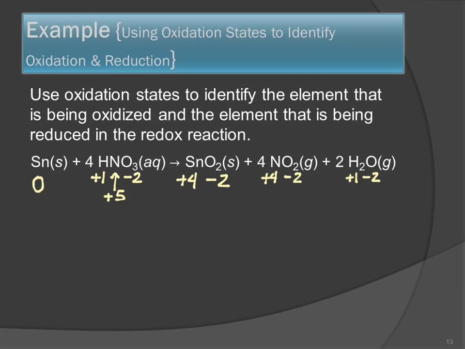So now we have to get back to the question, which was identify the element that's being oxidized and the element that is being reduced. So we're looking for elements whose oxidation states change. Might as well start at the left. So here's tin. It had an oxidation state of 0, and over here it's a plus 4.